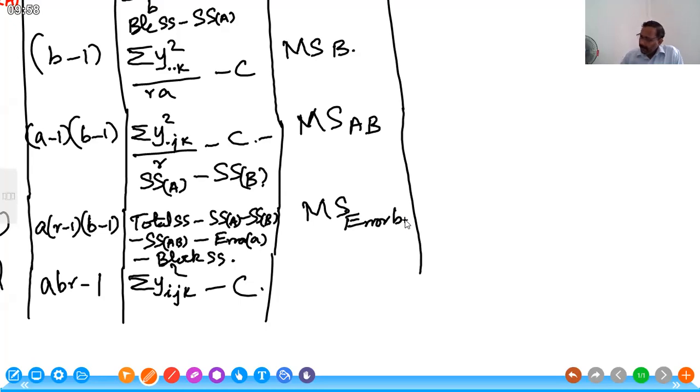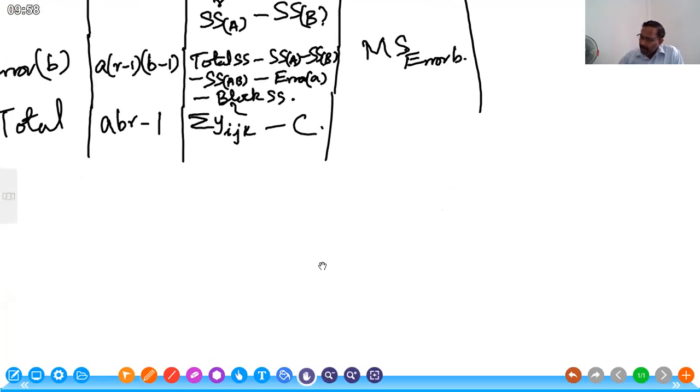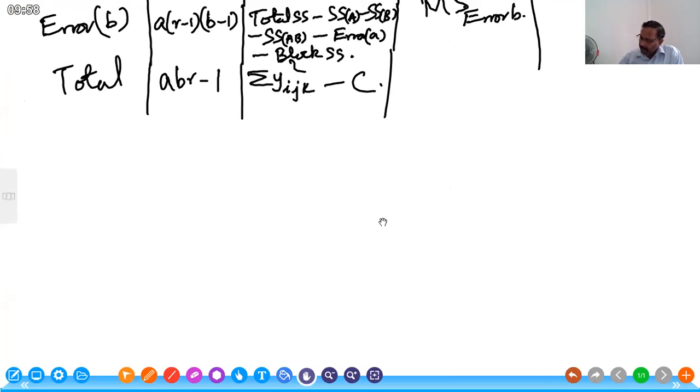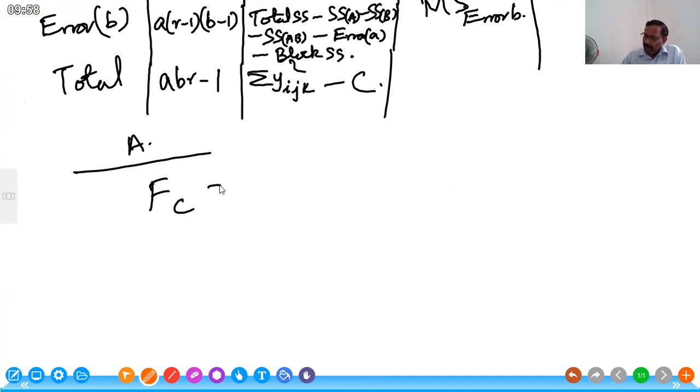The testing, can you tell me if I want to test all these components? Let's say I want to test the main effect of A. What is the mean square that I will use as numerator and denominator?